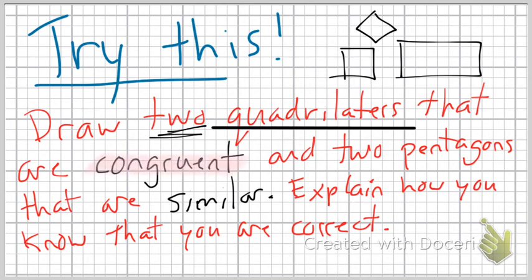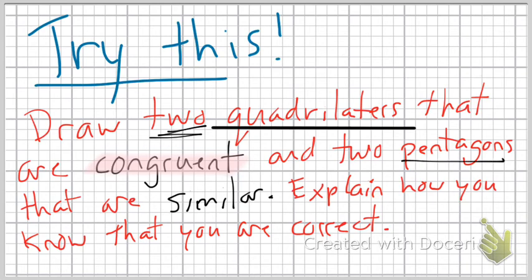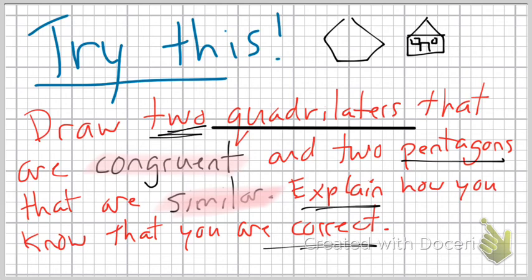Congruent meaning everything is the same, basically. And two pentagons. I'm not very good at drawing these. Mine are always off. There you go. That one kind of looks like a house, right? See? It's also a smiley face. Draw two pentagons that are similar. And I want you to explain how you know that you are correct.